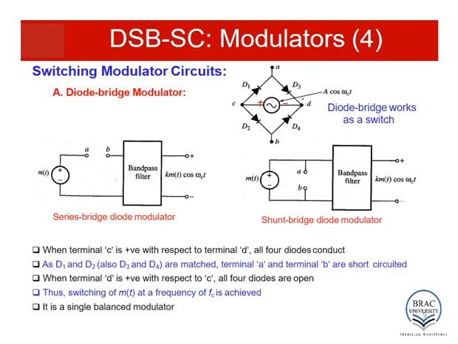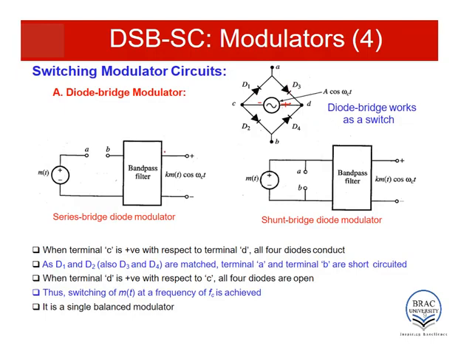So when all the 4 diodes are conducting, if we assume the ideal diode model, then there is absolutely no voltage drop in this path. So essentially C and D are at the same voltage level. So this path is actually short circuited. And when the polarity gets reversed, now all the diodes are reverse biased and A and B is actually an open circuit.